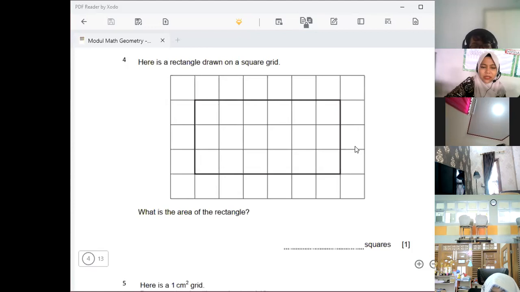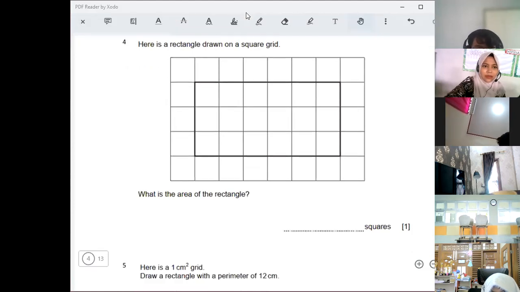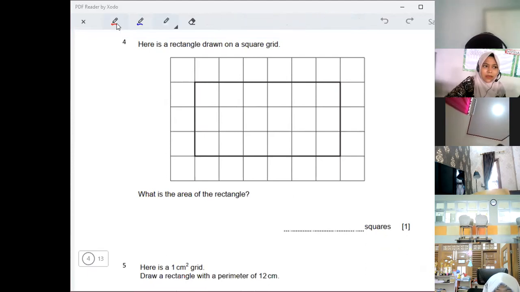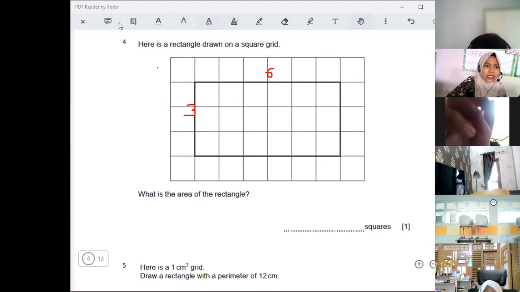Okay, Ichat, what is their answer? We have this 6, yeah. We have this 18, 6 Miss, and this is 3. So the area is 6 times 3, which is 18. Correct.